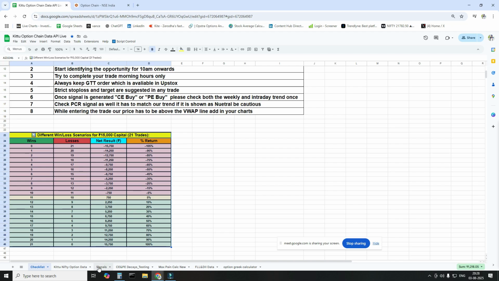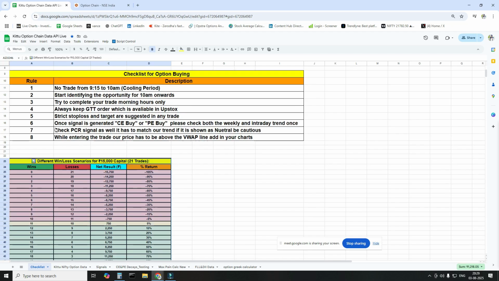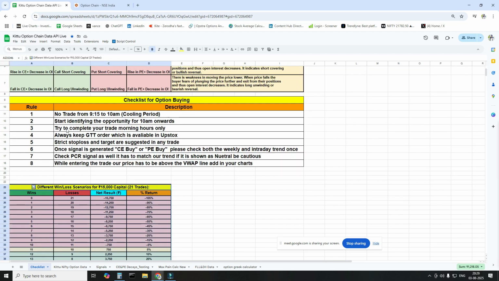Even though we come up with so many calculations in my Nifty option chain analysis, maybe we will also lose some. In some conditions, in 21 trades, we have lost 11 or 13 trades also. No one is going to be perfect in the market, but by following a few checklists, we anticipate we might be in good shape.